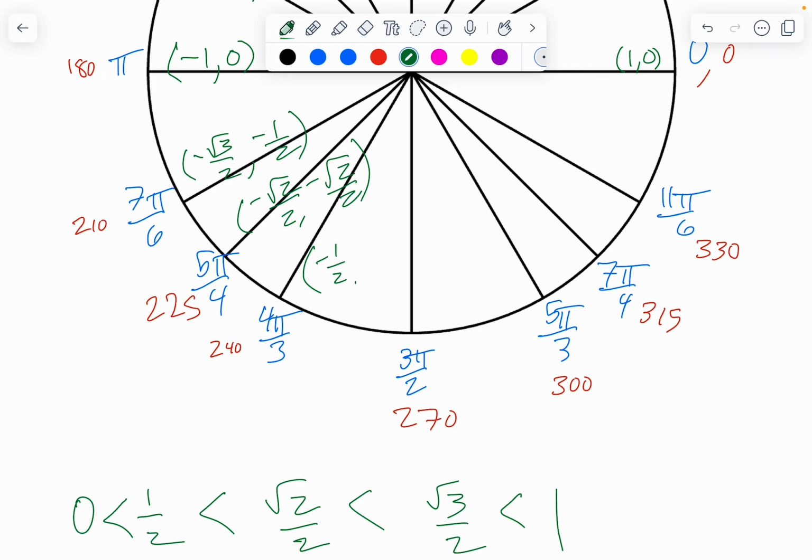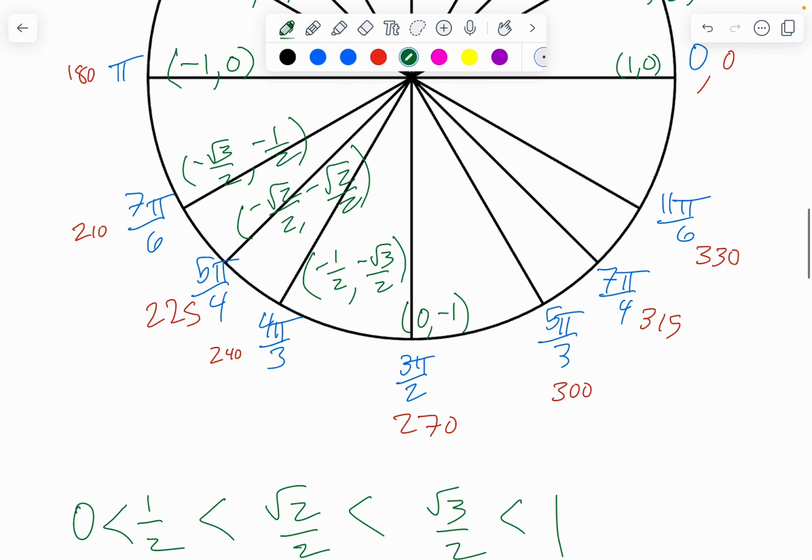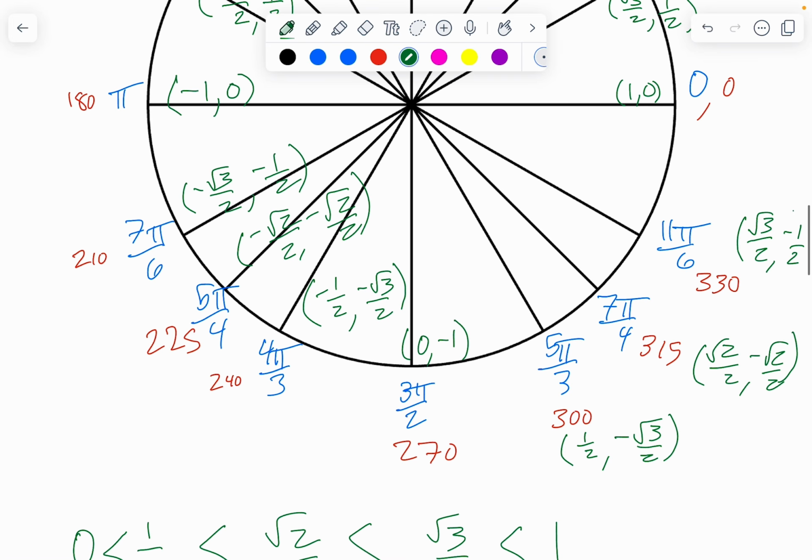Now this is negative 1/2, the one that's closest to 0, and then a negative root 3 over 2. And this is 0, negative 1. This one becomes positive 1/2 and a negative root 3 over 2, a positive root 2 over 2 and a negative root 2 over 2, and then a positive root 3 over 2 and a negative 1/2.